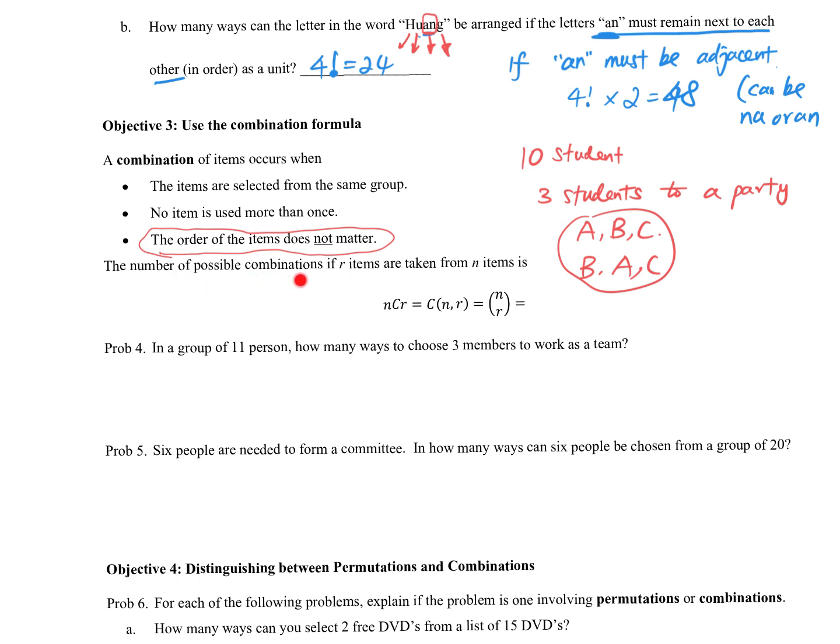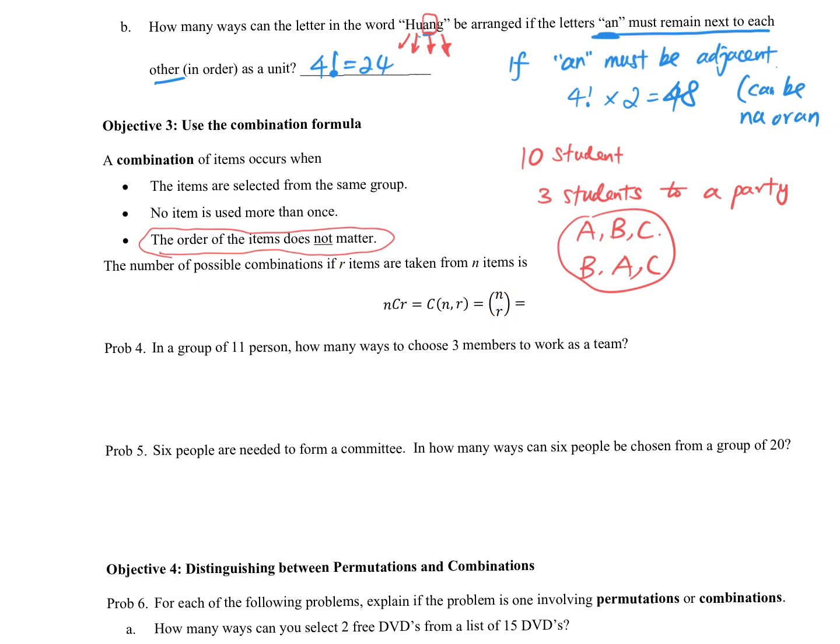The number of possible combinations when r items are taken from n items: suppose 3 students are taken from the 10 students, r will be 3 and n will be 10. So we use n choose r, or this notation, but we use this notation more often. n choose r is the binomial coefficient, right?